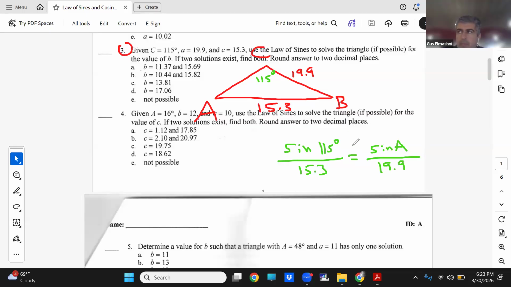So go ahead and cross multiply. Cross multiply. Okay.